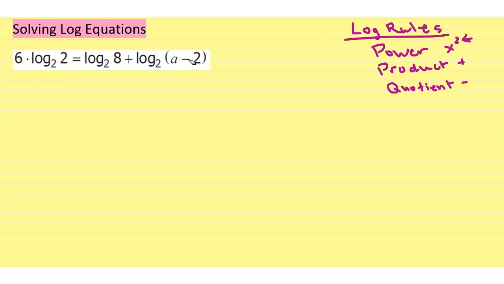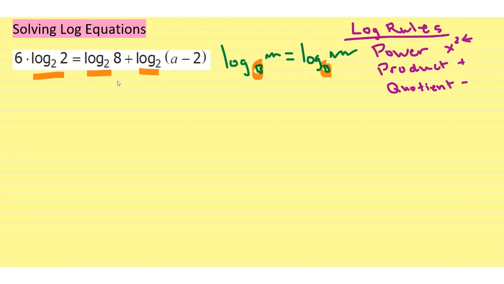Our goal is to get it in terms of log to a base is equal to log to the same base. This has a log to a base, and this is the same base.